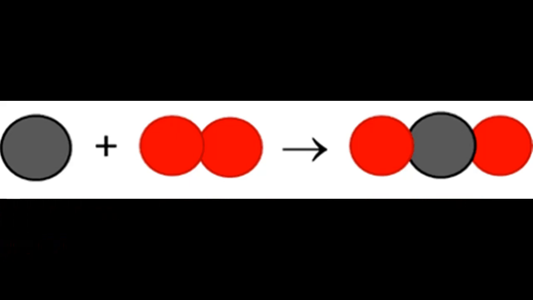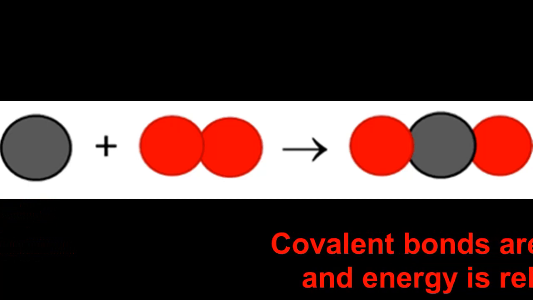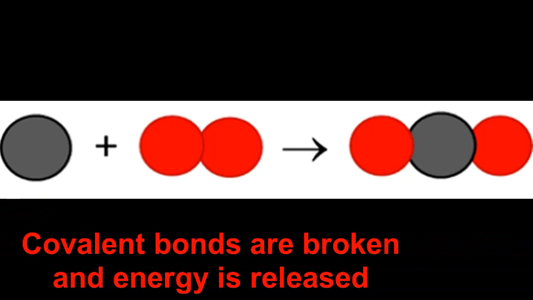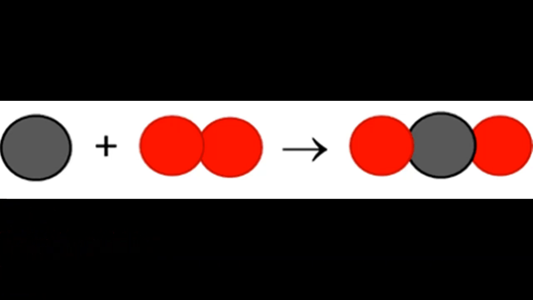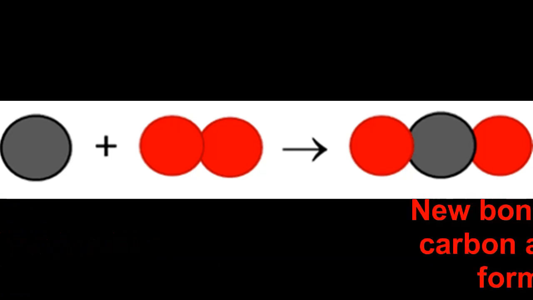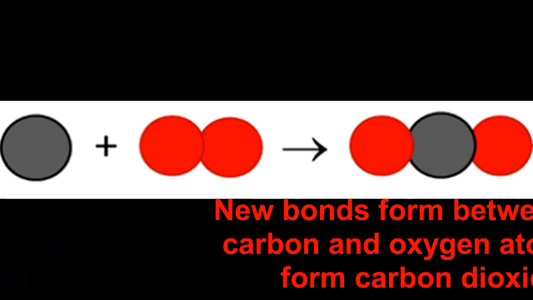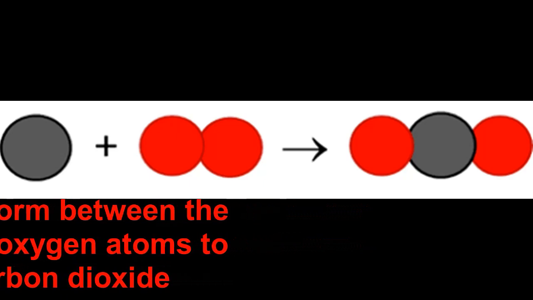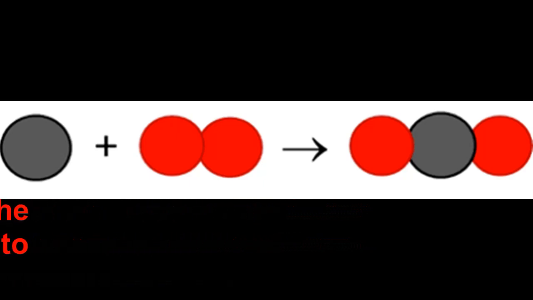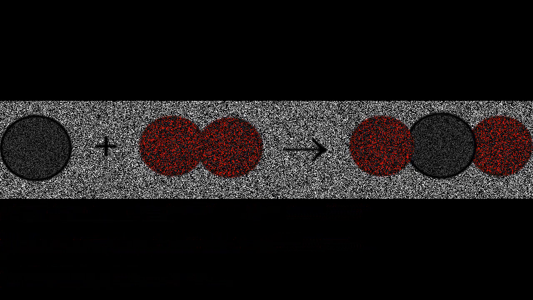When I burn carbon in oxygen, that bond has got to be broken. When bonds are broken, it is often associated with the release of large amounts of heat and light. Thus, heat and light being formed during a chemical change. But the bonds broken between the oxygen molecules, new bonds form between carbon and oxygen to form the carbon dioxide.